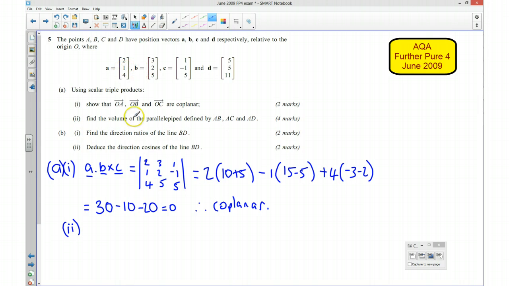So we first of all need to find the vectors AB, AC and AD. AB is going to be b take away a, so that's going to be 1, 1, 1.